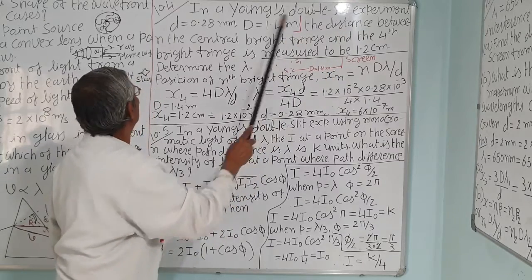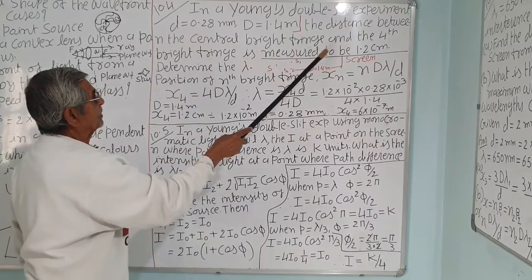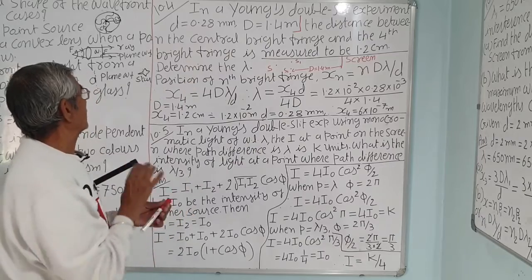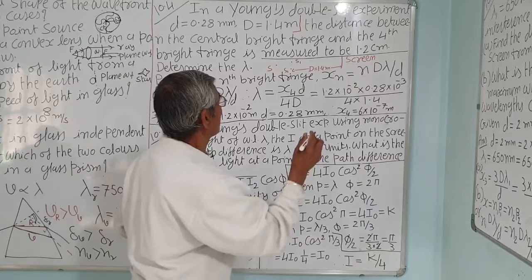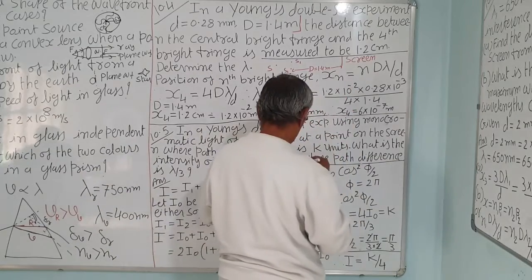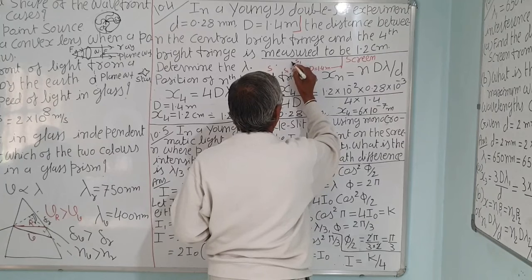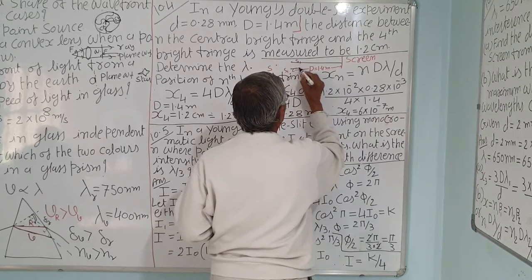The distance between the central bright fringe and the fourth bright fringe is measured to be 1.2 centimeter. Determine the lambda, the wavelength used in the experiment. So see, it is the fourth fringe we want. Now the central bright fringe will be at the equidistance. Correct? This distance is the same.